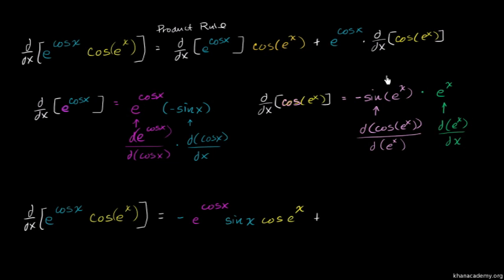plus e to the power of cosine x lo yabona nanku negative sine e to the power of x. Negative e to the power of x, yeah, derivative ka e to the power of x leyo, times e to the power of cosine x laphaya, bese naku negative sine e to the power of x wethu.